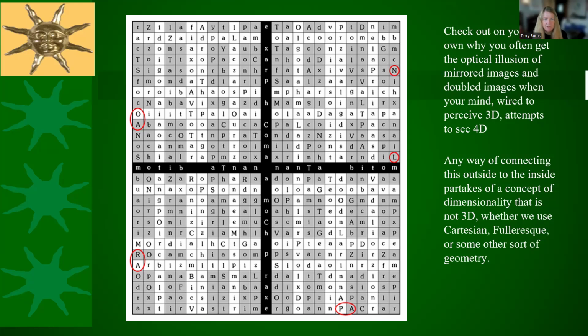I will say, however, that you can think of the common thing in literary renditions of higher dimensionality of mirrored images and doubled images. Now, it isn't that anytime you go to 4D, you get a mirror image. No, you don't.